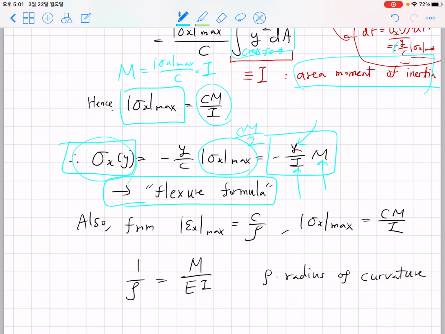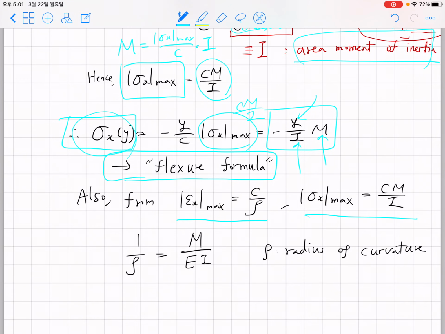If you also consider the maximum normal strain and maximum normal stress relationship, and E times epsilon x equals sigma x, you end up having the relationship between applied moment M and the radius of bending rho, Young's modulus, and area moment of inertia.